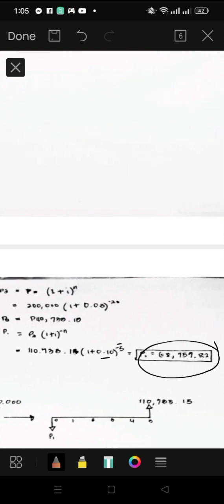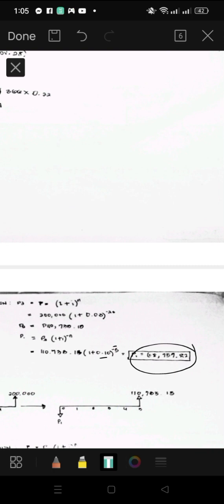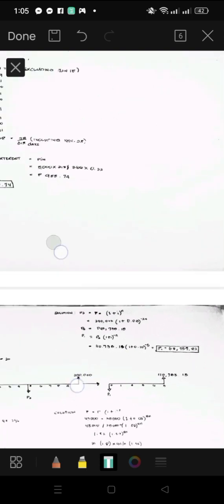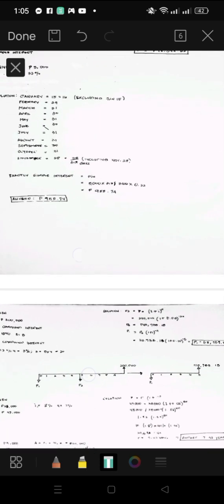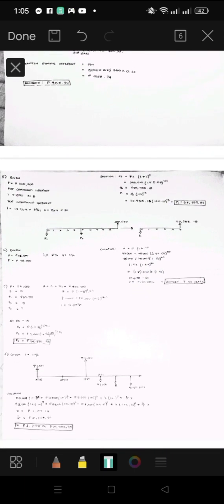So it becomes 68,758.82. That is the amount he should invest so that his son will receive 200,000 in 10 years.